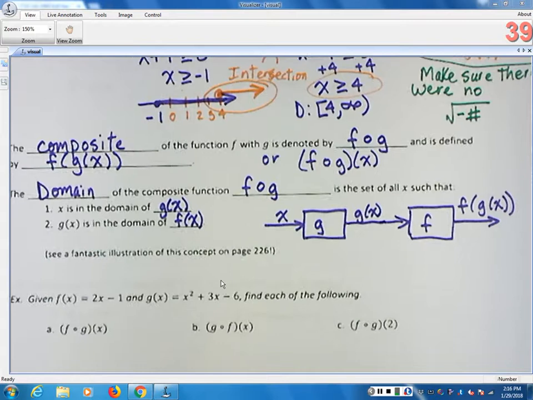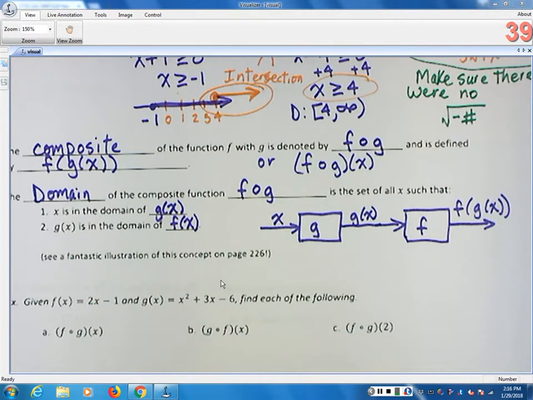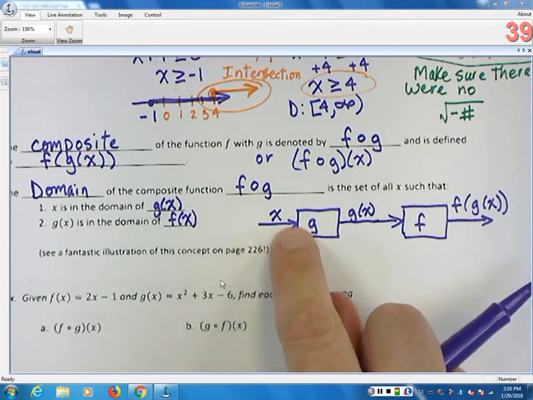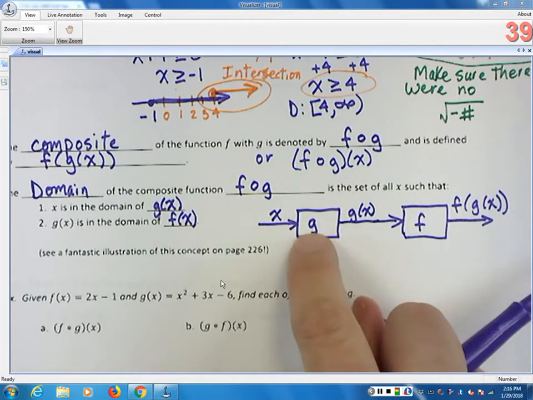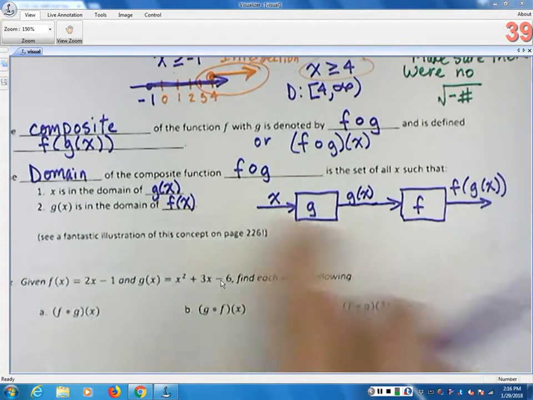And that's f composite g of x. So that's why we had to make sure x was in the domain of g, and what comes out of g had to be in the domain of f. That's where they got that.